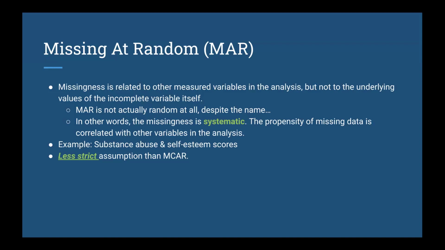So there is an indirect relationship between the missing data and self-esteem scores because you're not able to collect the full sample. This is a less strict assumption than MCAR, which we previously spoke about, because here you're not assuming that the missing variables are completely unrelated to all the other variables in your data.